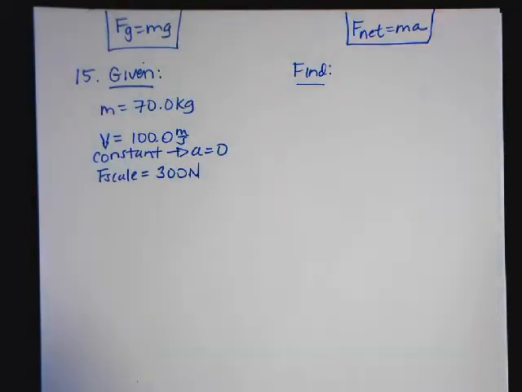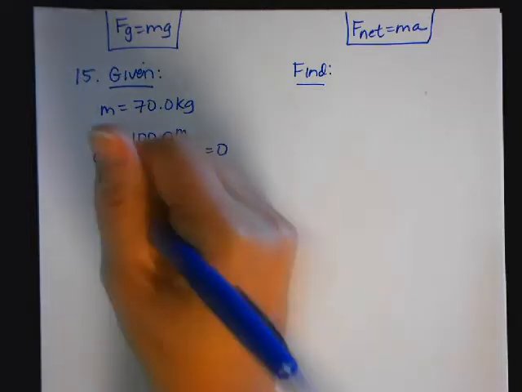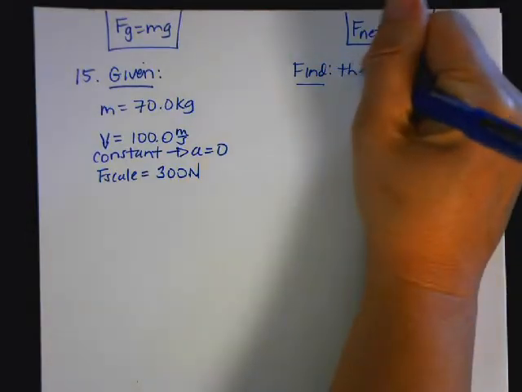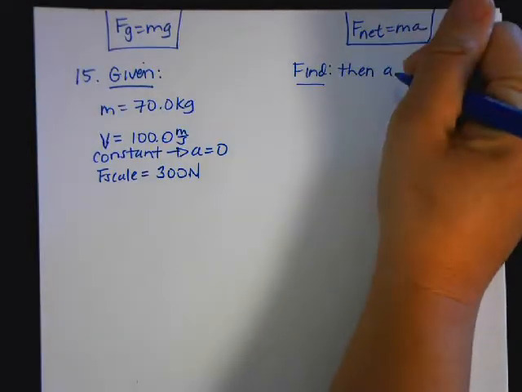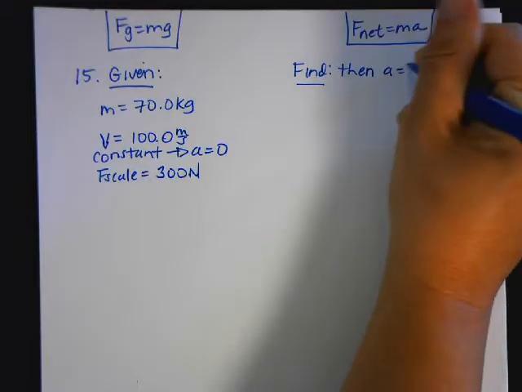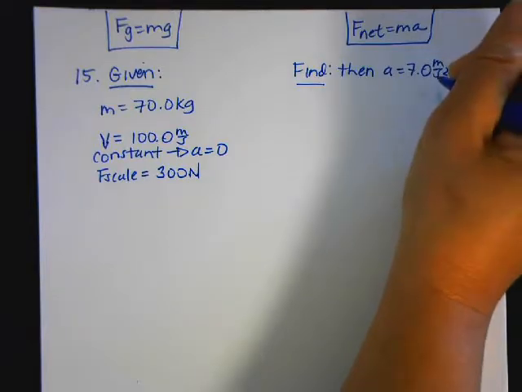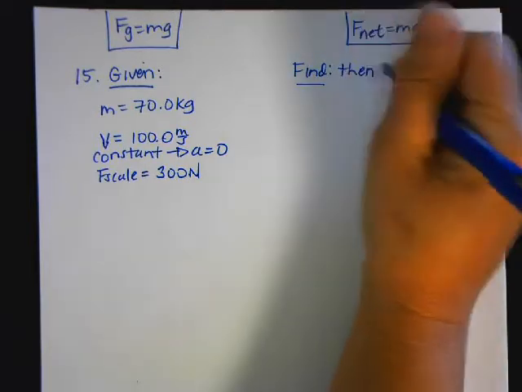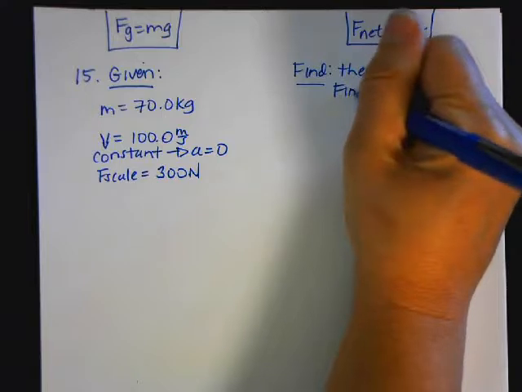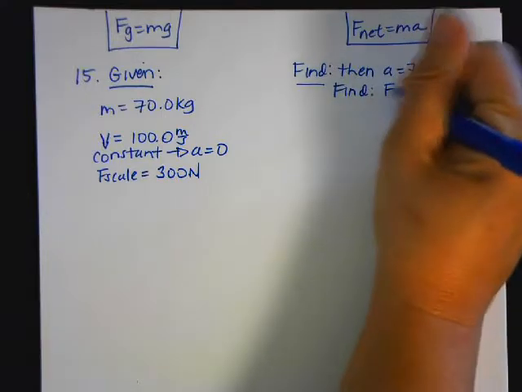The ship then accelerates at 7 meters per second squared. So now it says, what does the scale read now? So now I want to find the new reading on the scale.